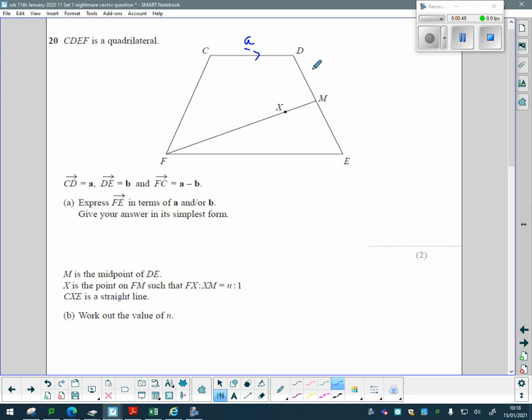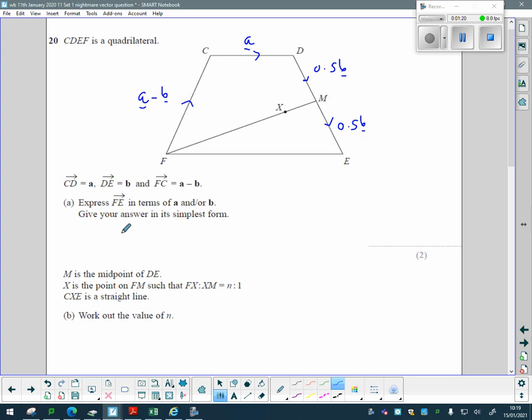So actually we've got a 0.5B there, and a 0.5B there. That's one of the benefits of having done the question yesterday. Just makes it a bit tidier. And then we're told that FC, the vector up here, is A take B, going in that direction.